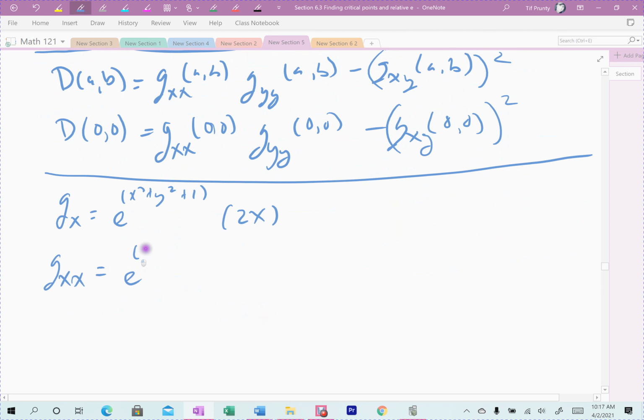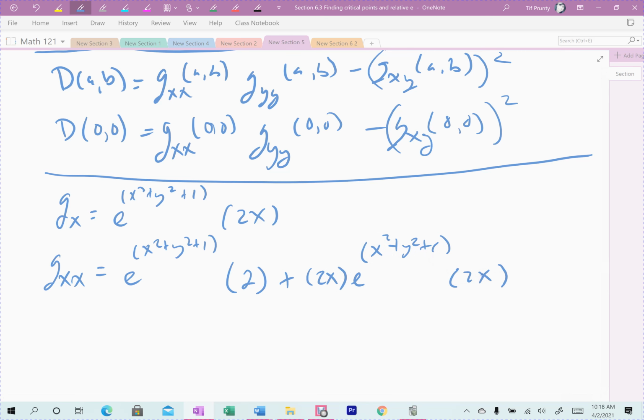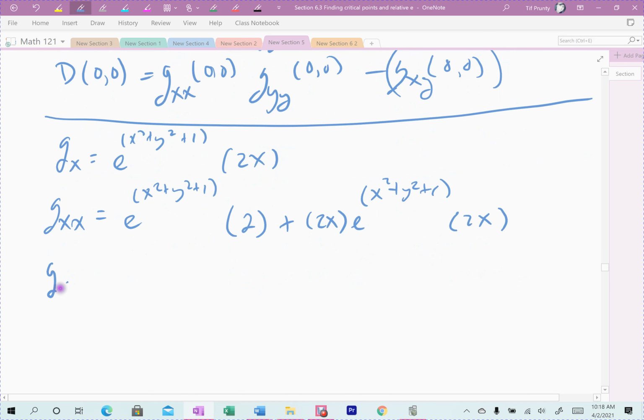So I get e times the derivative of 2x, which is 2, plus the 2x times the e derivative, which gives me another 2x, because it's the e times the derivative of the inside again, which is 2x. So I get the e term times 2, plus 2x, e times another 2x. It's easier at this point, instead of even simplifying, to plug in the point 0, 0. We do try to give you points that are fairly nice. The book doesn't always do that, but I do try to.